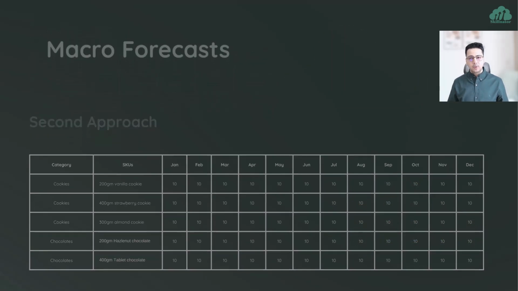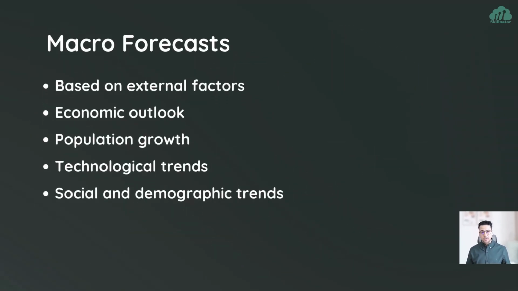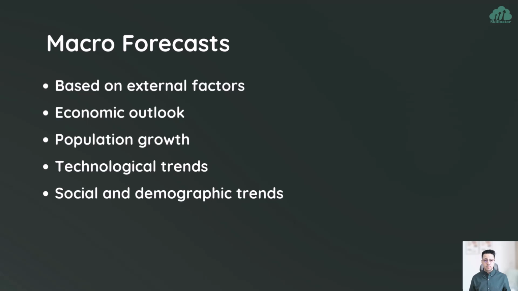Macro forecasts are usually formed by looking at the external environment in which the business operates. For example, population growth, inflation rates, economic outlook, technological and social trends. For example, if the population of a country is expected to grow by 5%, the leadership and marketing team of the company might expect the total company sales to grow by a similar magnitude.